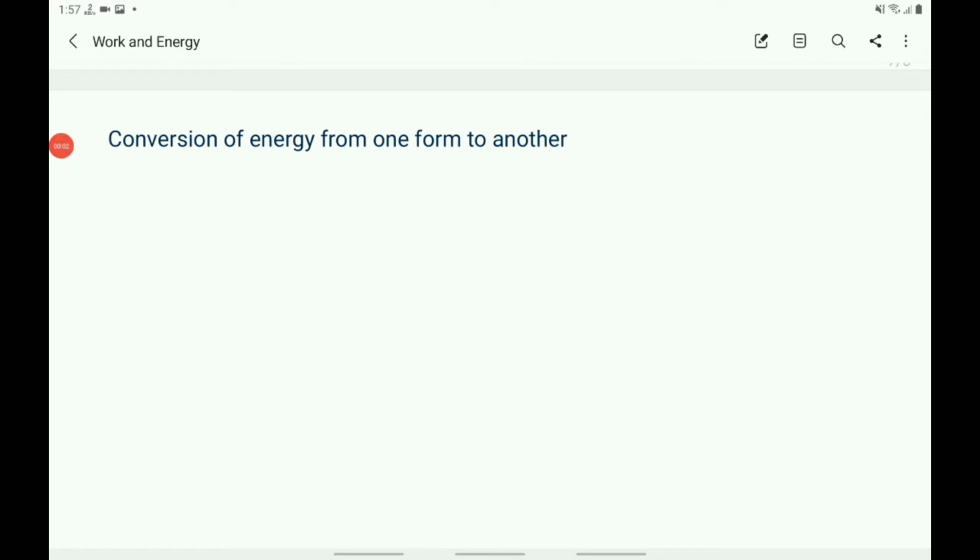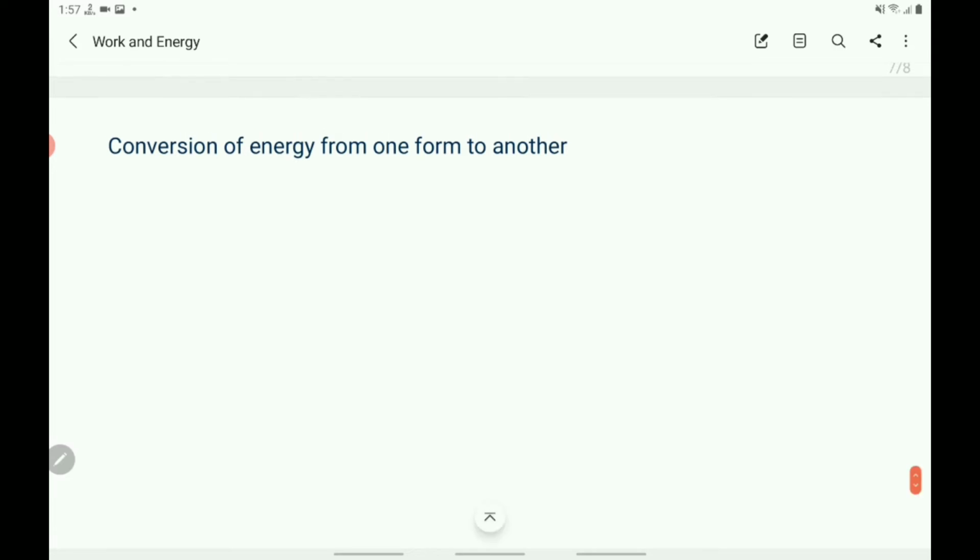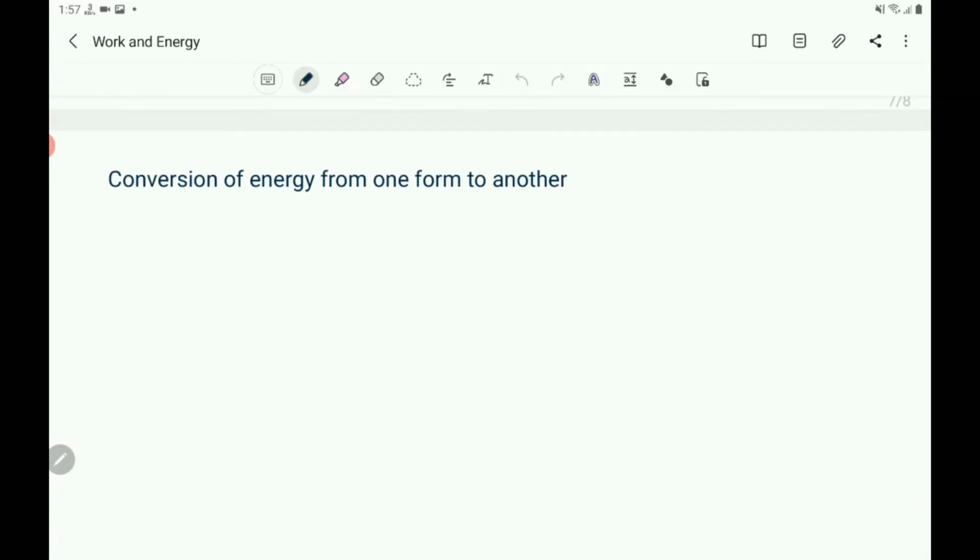Now, let us write: one example of the conversion of energy from one form to another form is photosynthesis. You take examples here, examples for the conversion of energy from one form to another.